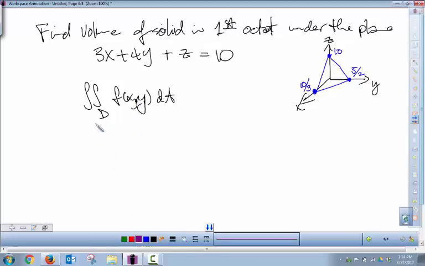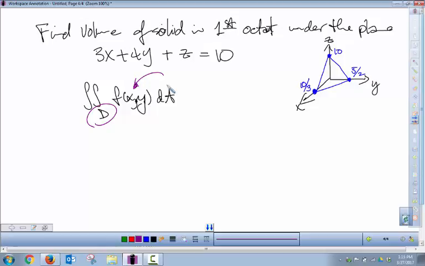I need to figure out what my domain is if I'm looking at this on the xy plane, and I need to figure out what my function is. How do I find my function?